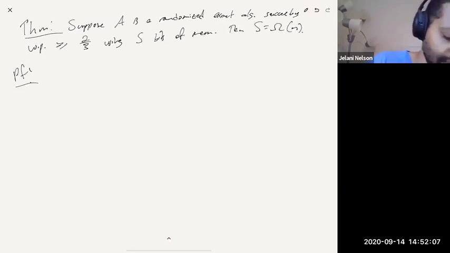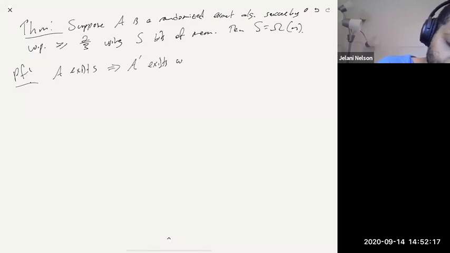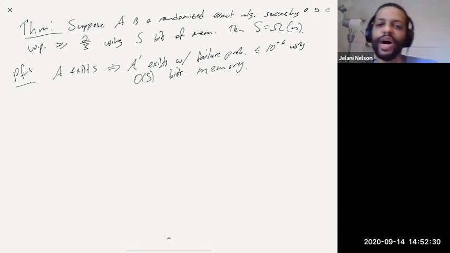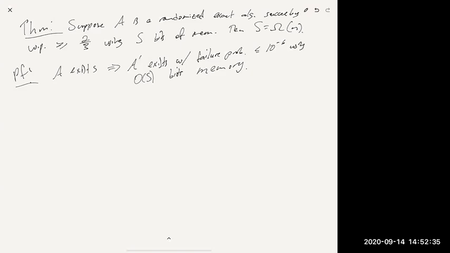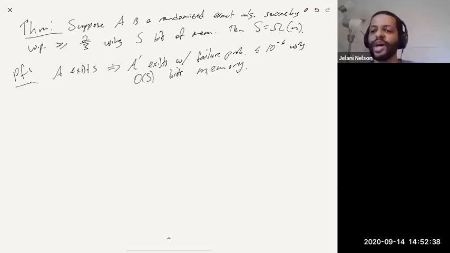So the first thing is, A exists implies A prime exists with failure probability, let's say at most 10 to the minus 6, using O of S bits of memory. Why is that? We can just apply the algorithm a bunch of times. This is something we saw before when we talked about Morris plus and Morris plus plus and FM plus, FM plus plus. This is basically the plus plus idea.